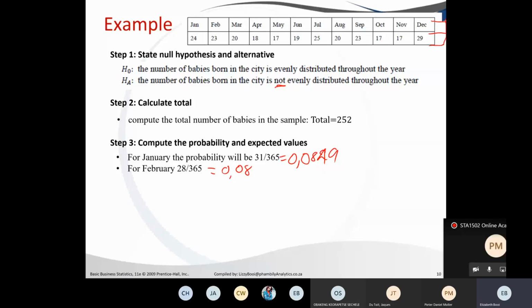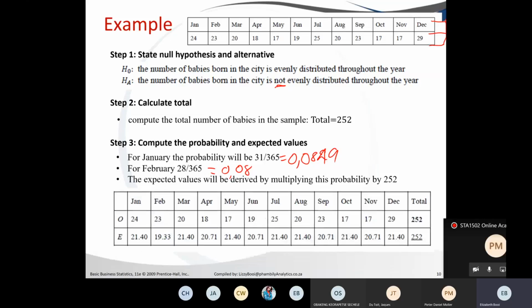Then I can take my probabilities and calculate my expected value. When you calculate the expected value, we take the probability and we multiply by the total. When you do that, you will find that these are your distributions.